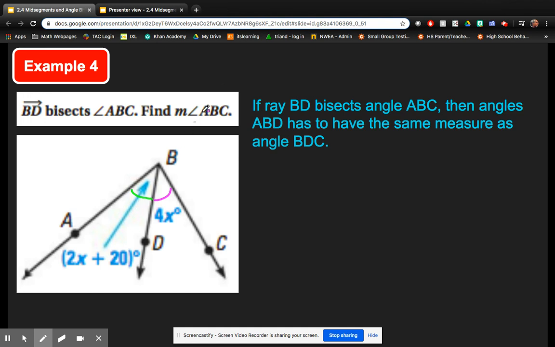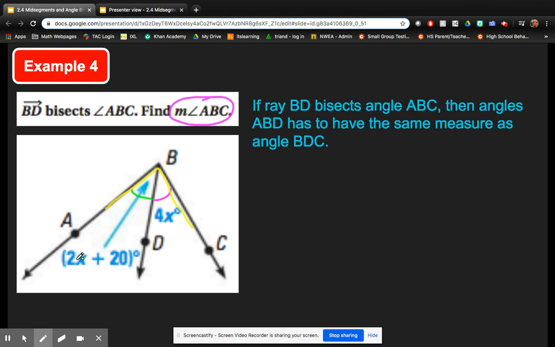So what I want to do here is find the measure of ABC, which is this entire outside angle right here. In order to do that, I need to add these two angles together, but I don't know their measures yet.